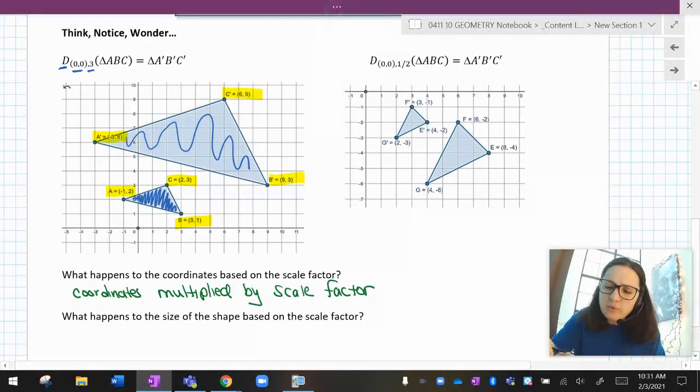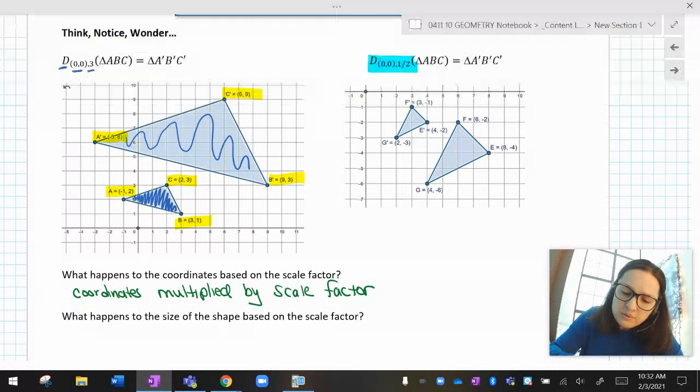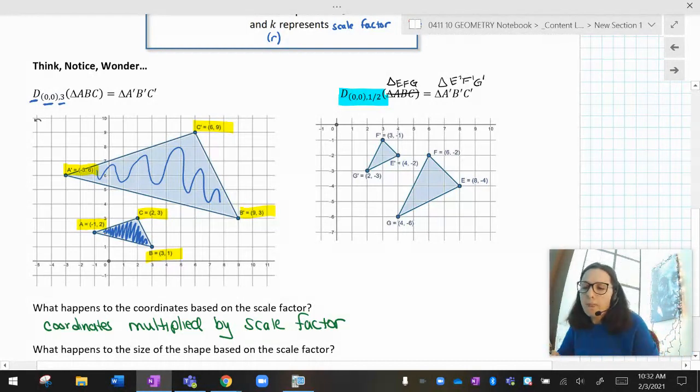Let's test that theory on the second one. In this second one, I have a dilation centered at the origin of a half. And this says ABC and A prime, B prime, C prime, and I'm realizing that that is a boo-boo. This should say triangle EFG, pardon me. And that should say E prime, F prime, G prime. My apologies there.